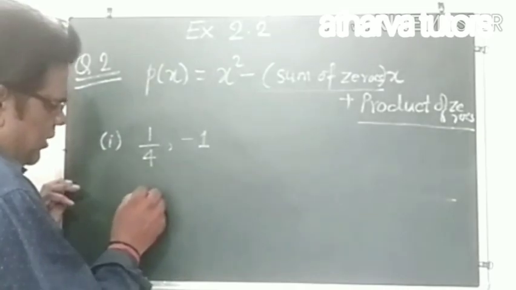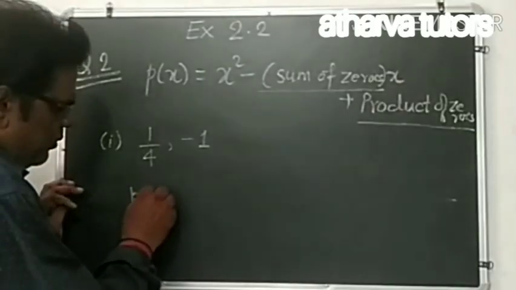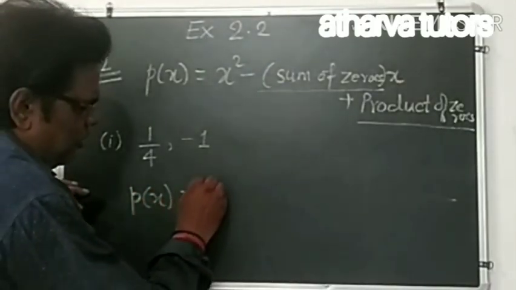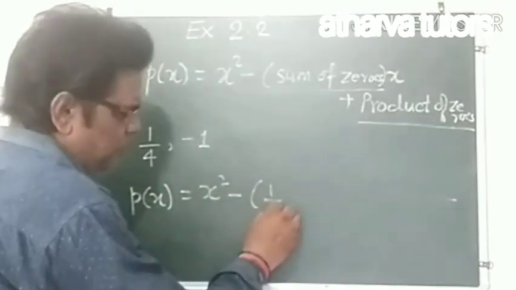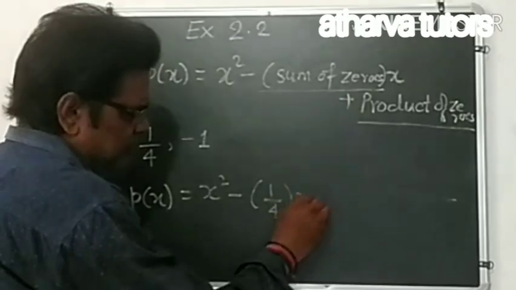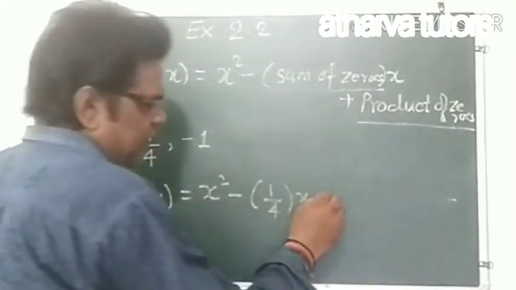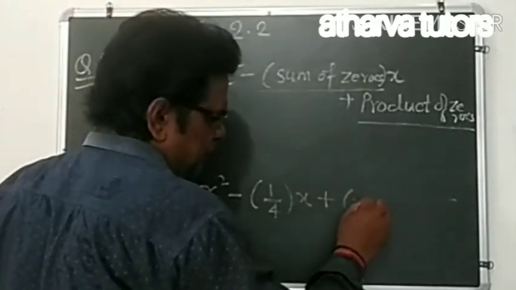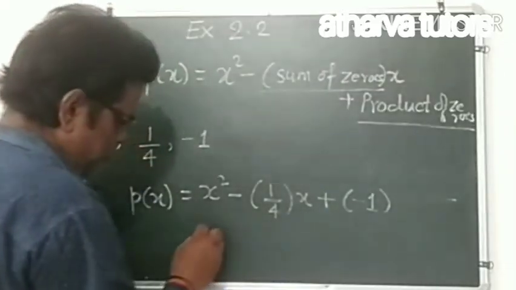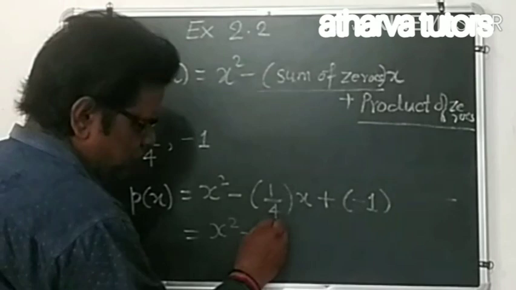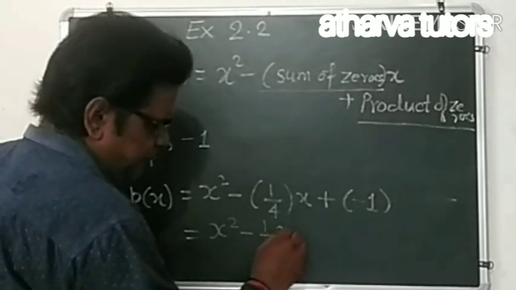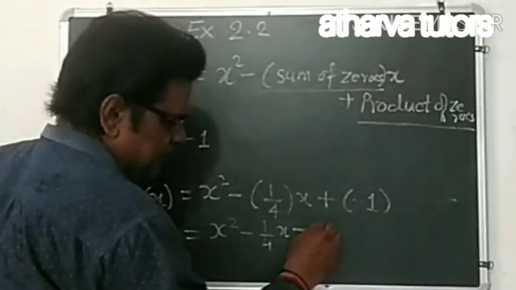So you can write your quadratic polynomial as x square minus sum of zeros, that is 1 upon 4, plus product of zeros, that is minus 1. This is x square minus 1 upon 4 x plus into minus 1.